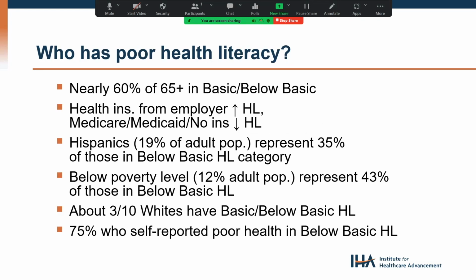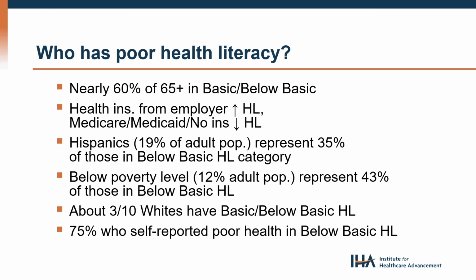So here's another one. This next slide, I want to be very careful about how we deal with this, because the heading says, who has poor health literacy? What we really need to understand is that in each one of these groups, it doesn't mean if you're in the group that you have poor health literacy. It means members of this particular group tend to have a higher incidence of low health literacy.